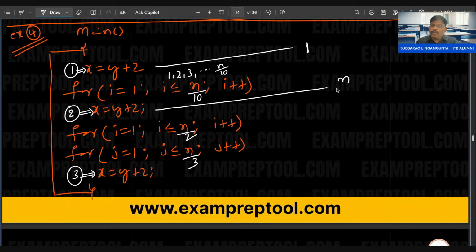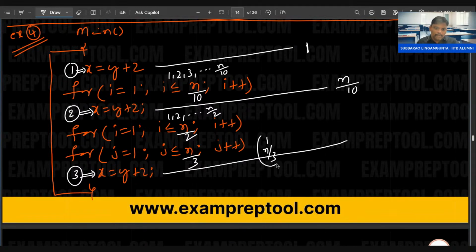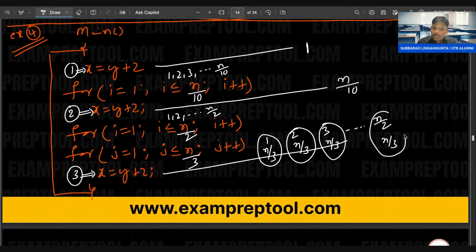Third statement: each i value 1, 2, and so on, n by 2, and every time the j value goes n by 3. First time n by 3, second time n by 3, third time n by 3, and so on. Lastly, n by 2 times j value n by 3. So finally n by 2 times n by 3, which goes to n by 6.